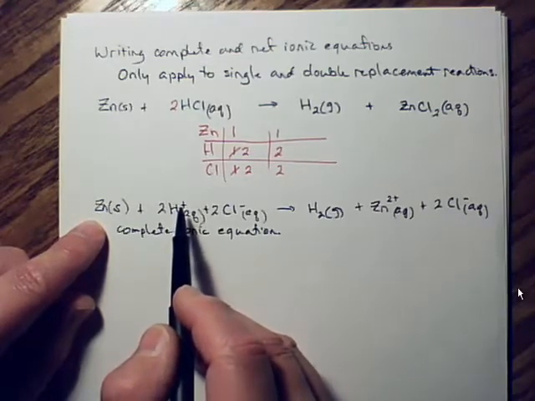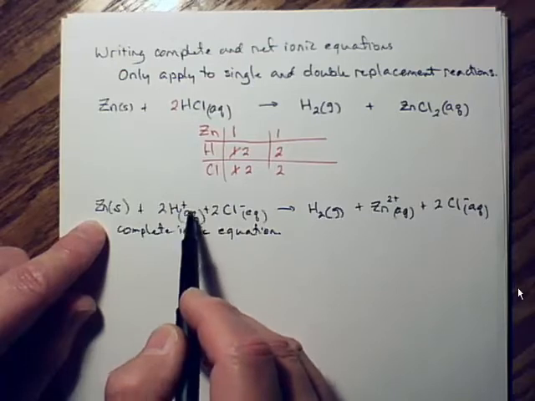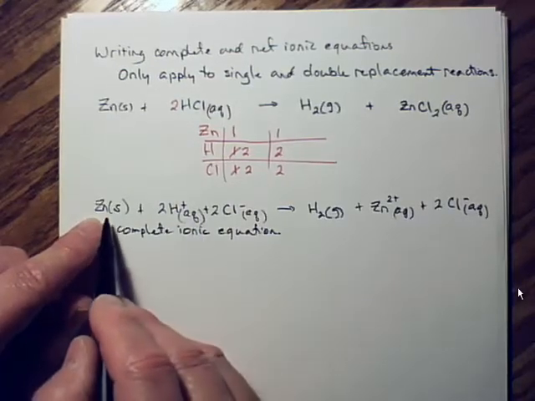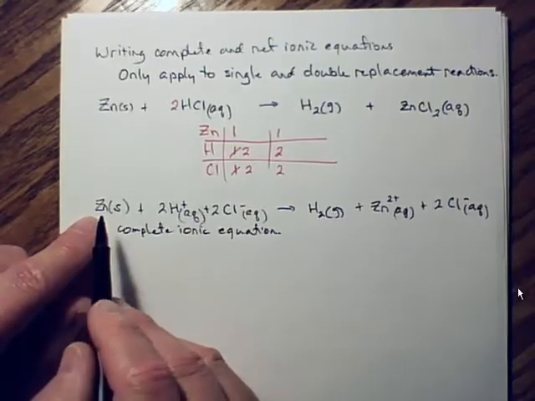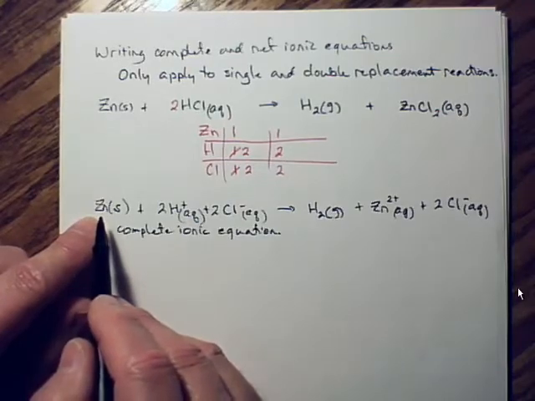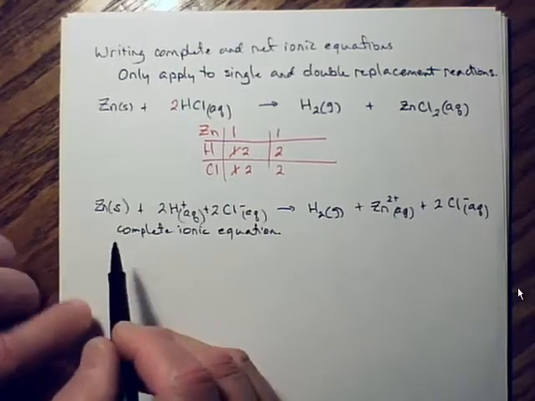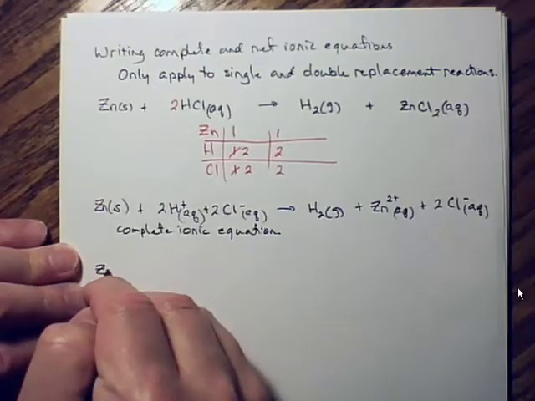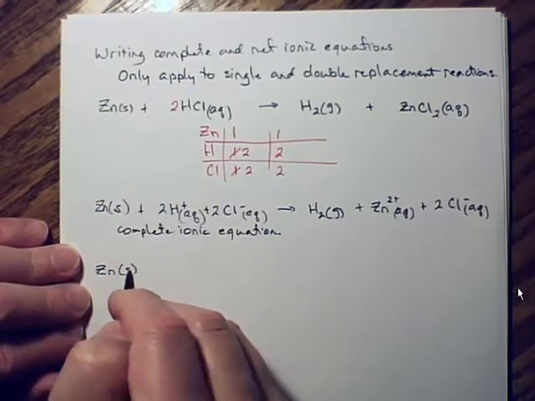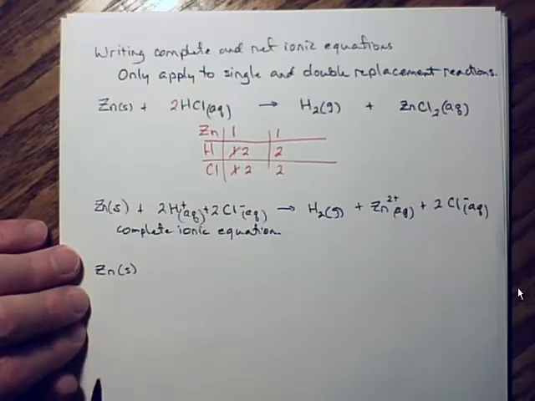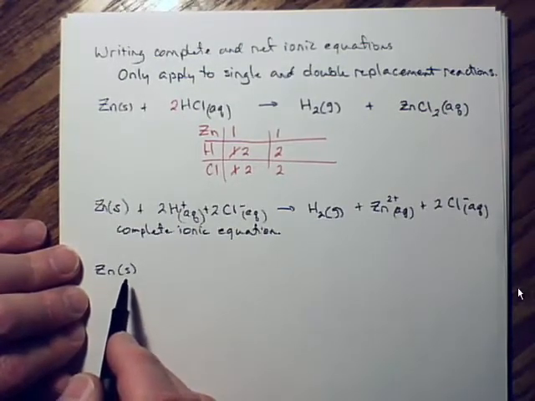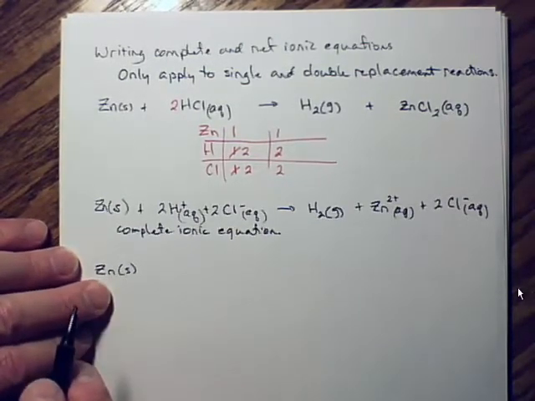Oxidation numbers become charges when you have an ionic particle. When you have an element that's by itself or only bonded to itself, the charge on this is 0. So there's no charge on this, so it remains like this. It's a solid, it's not dissolved in water, and there's no charge on it.